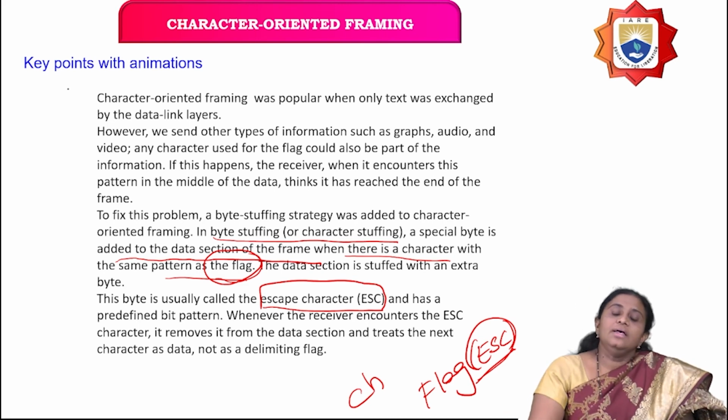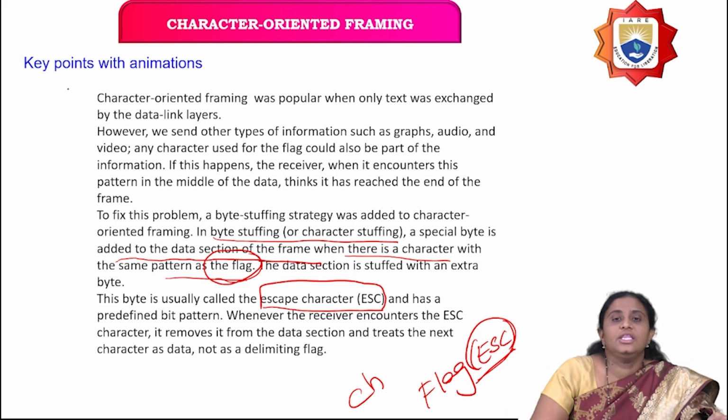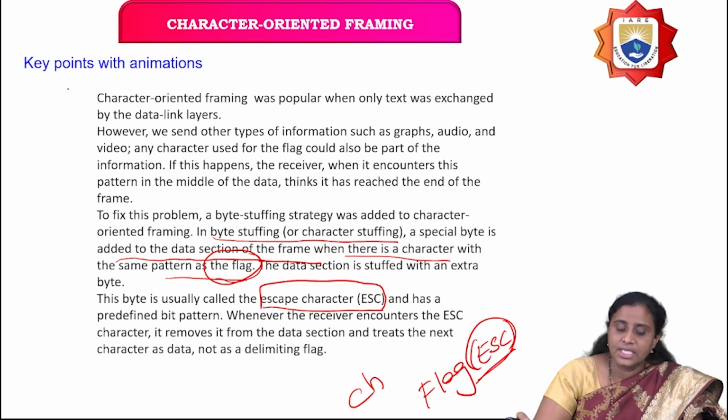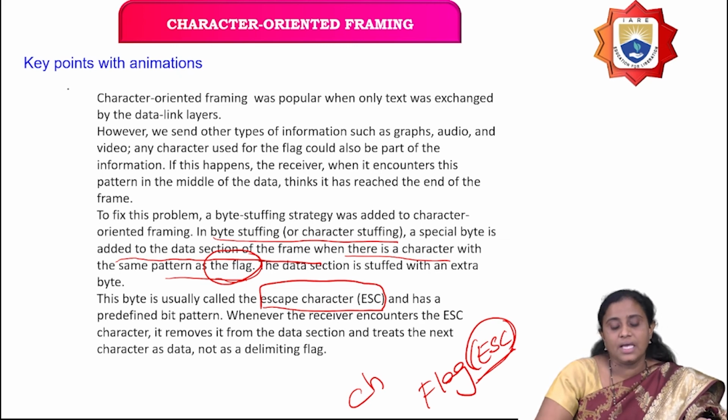However, we send other types of information in the form of bits, and we identify the flag as well as the escape delimiters or escape characters by means of bit oriented framing. We have byte stuffing or character stuffing under character oriented framing, while in bit oriented stuffing we have bits exchanged by the data link layers.